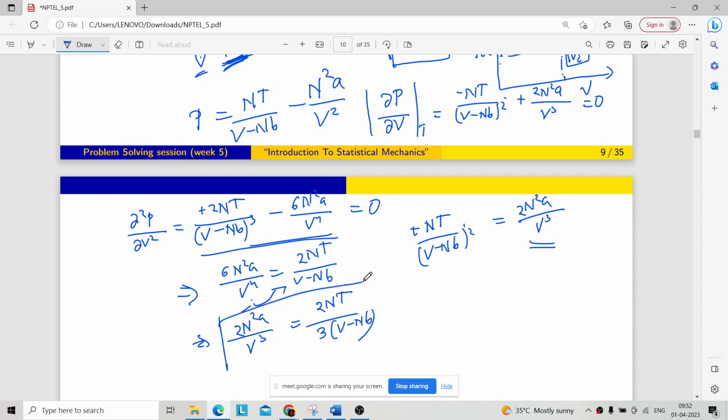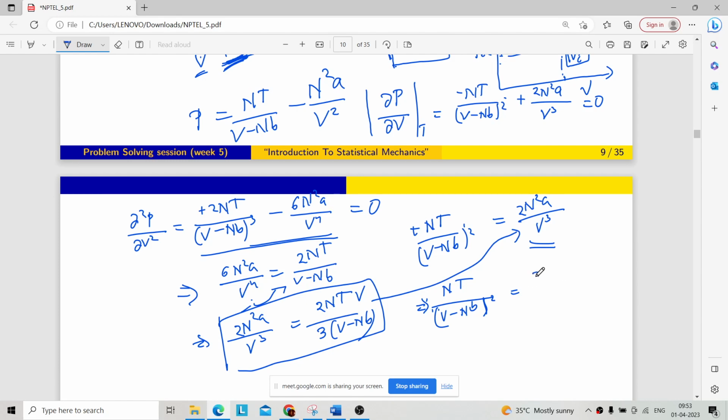So I can put this term in this equation. Then what I will get, this is NT over V minus NB whole square, and this is 2NT over 3 V minus NB with one V here.